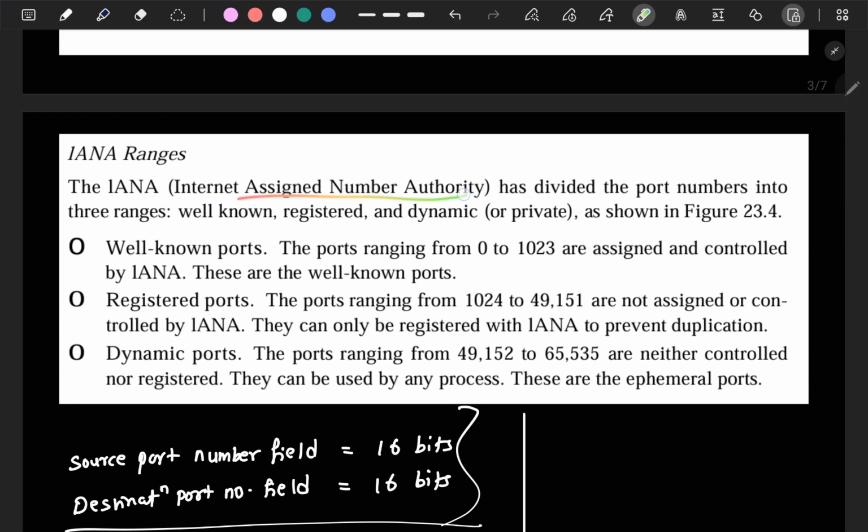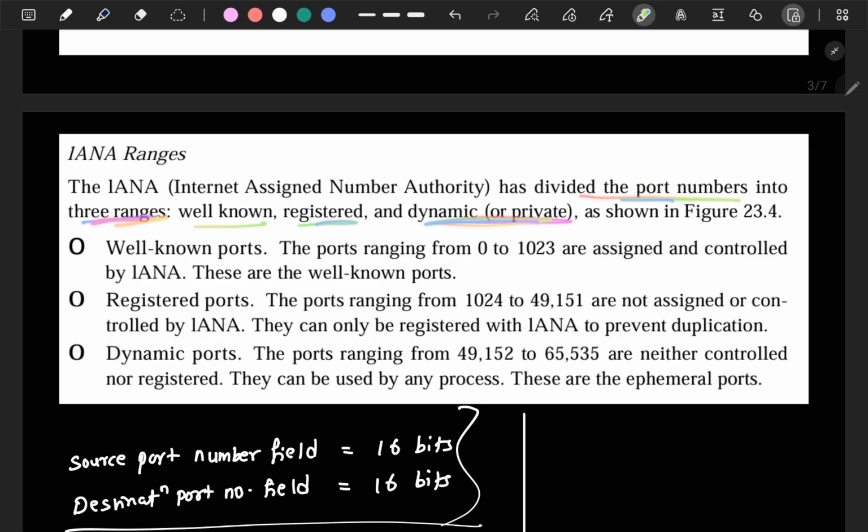This authority controls all the port numbers, and it has divided the port numbers into three ranges: well-known ports, registered ports, and dynamic ports, which are private.